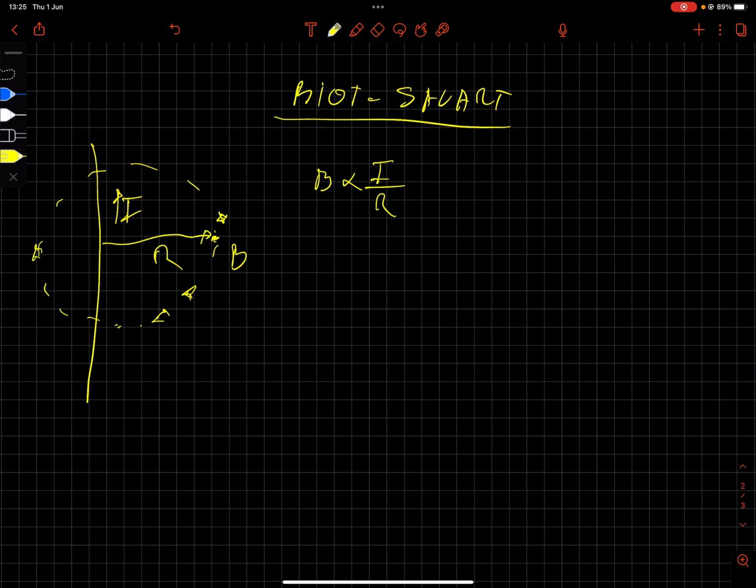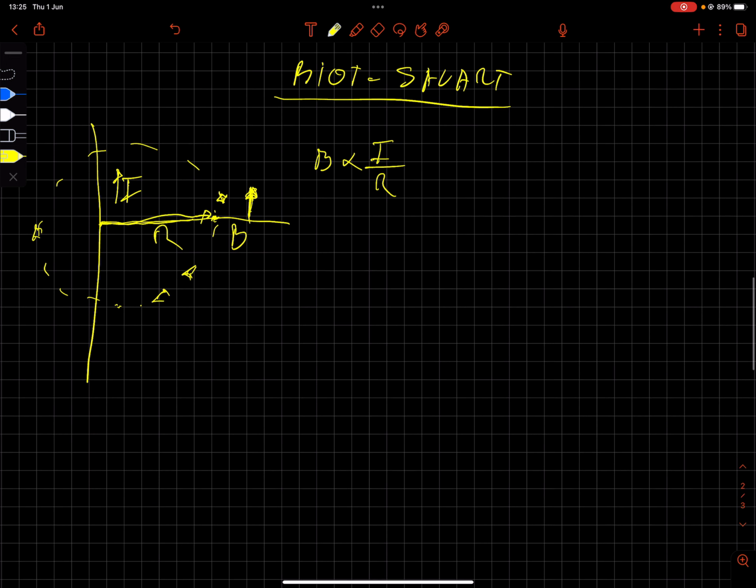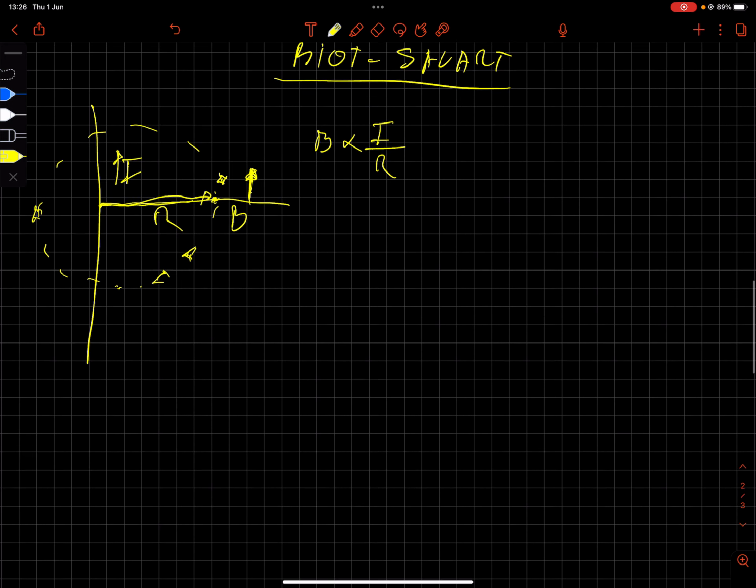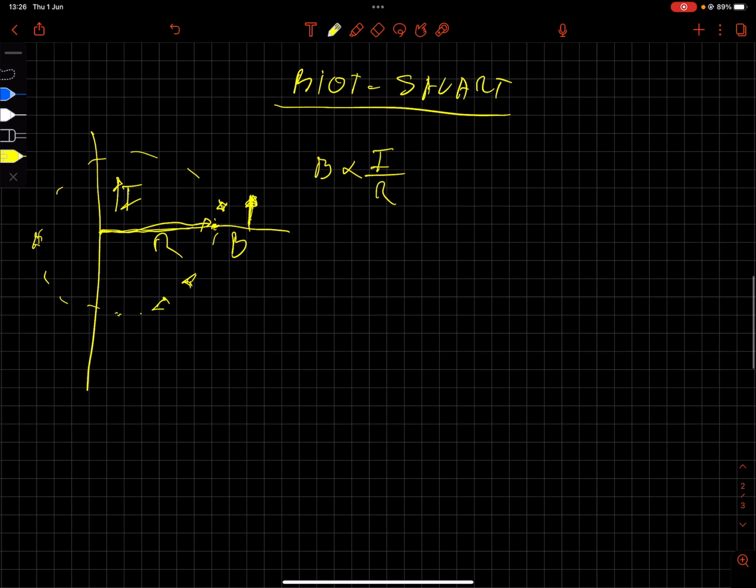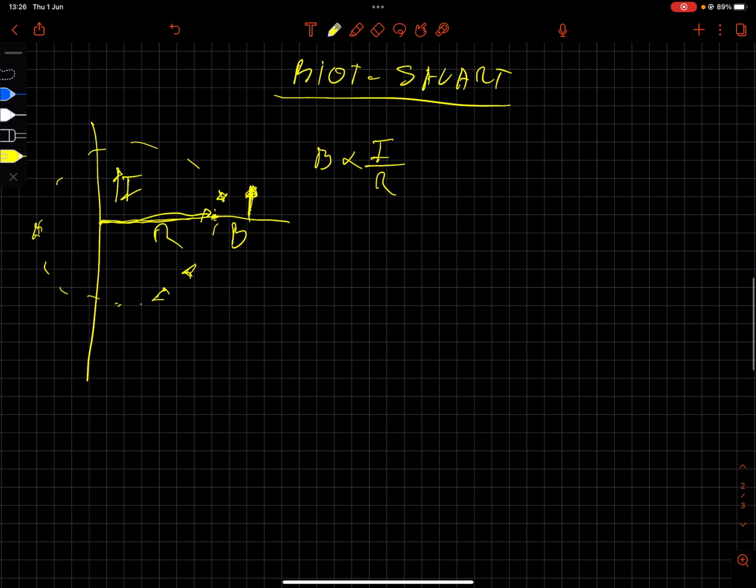Which means that the magnetic field direction is perpendicular to the imaginary line from that wire to that point. So it looks like this. And let's see what else we know and what else we can use to derive a formula for the magnetic field.